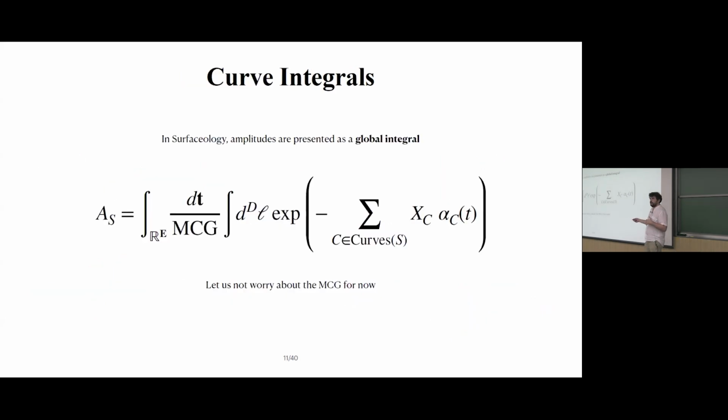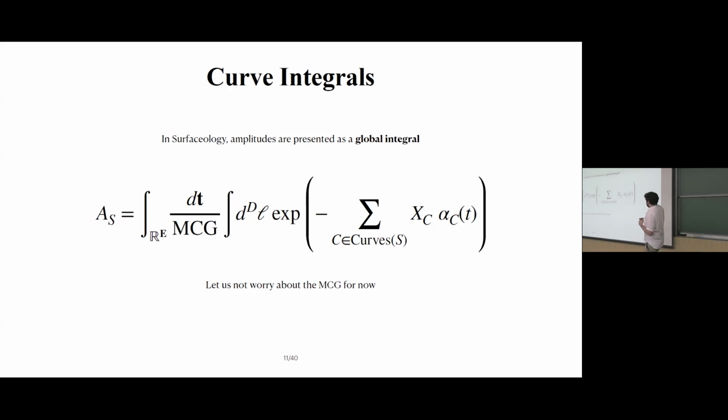Okay, with these two simple rules, a rule for the kinematics and a rule for the headlight function, we can compute amplitudes. We represent them, as I said, as a single integral, and we can start looking at the integrand to begin with. It is an exponential of something that looks like an action, a sum over all the curves that you can draw on the surface. Each curve contributes with its propagator, built out of the momentum, times the headlight function.